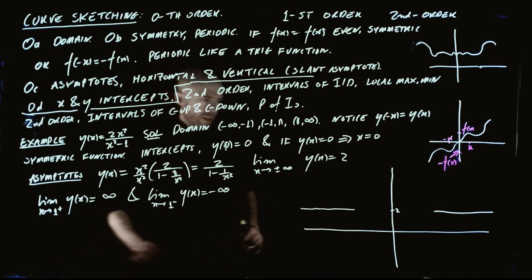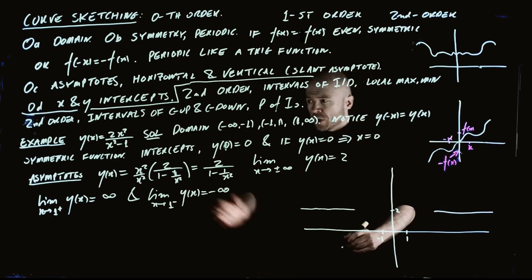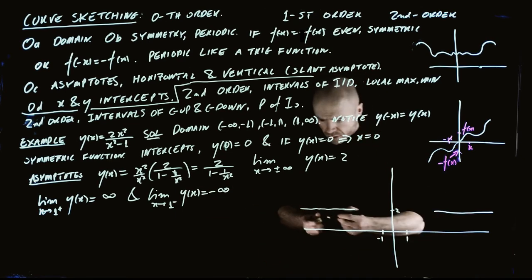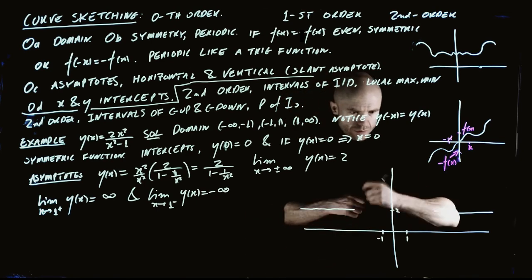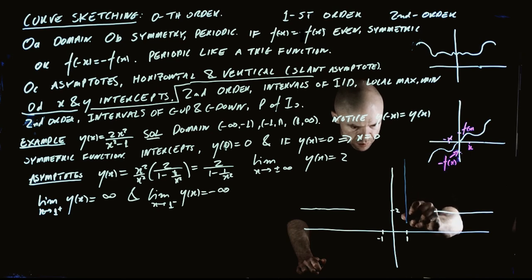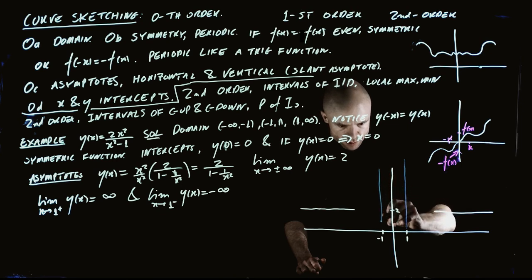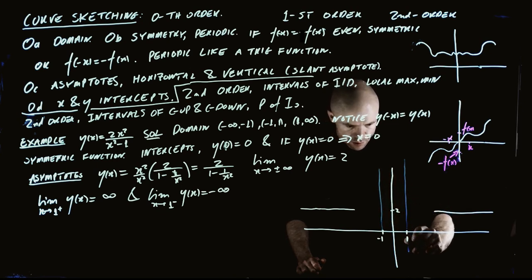So let's block in the information. So here is, say, 1, and this is minus 1. And as we approach from the right-hand side, we've got this vertical asymptote happening here. So let's put in a line to guide us, like this.